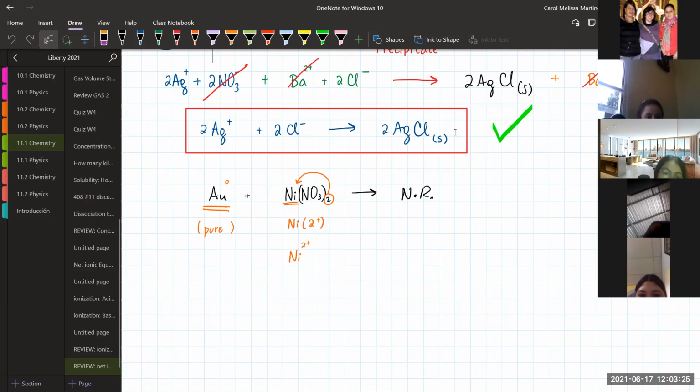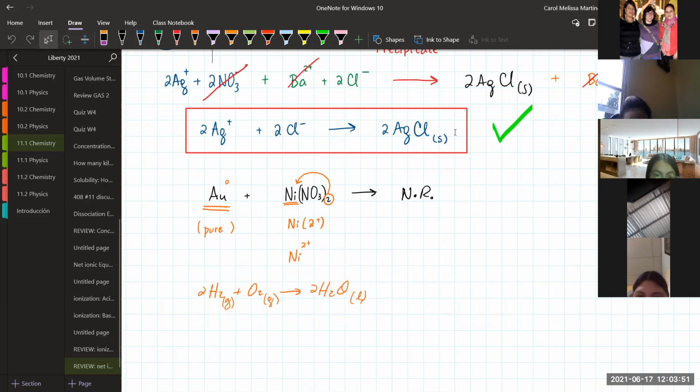Another example, a very easy example. Take a look. The equation for water.